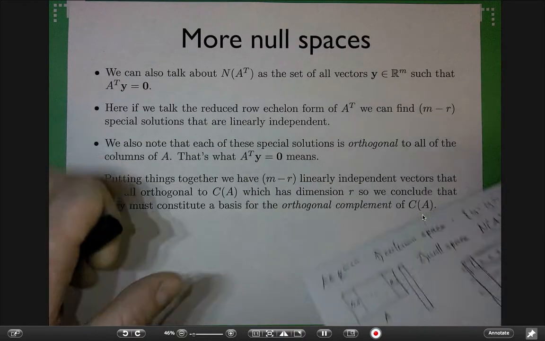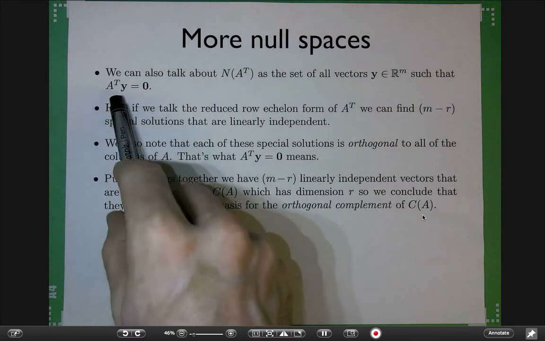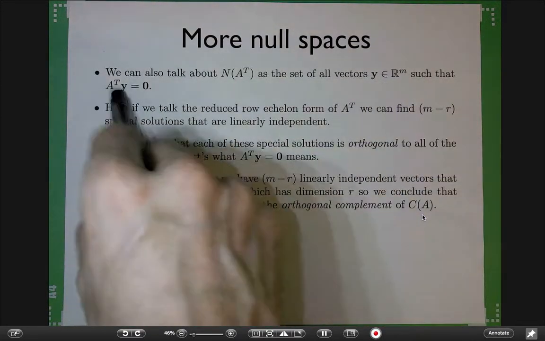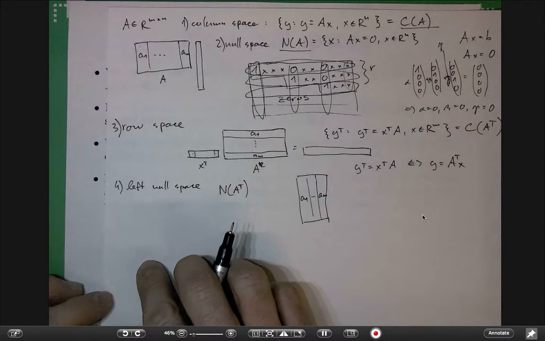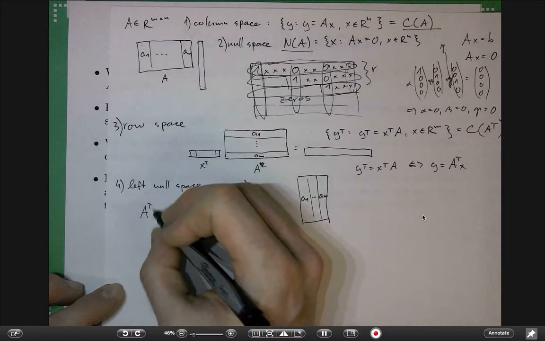And the point of the left null space is it's a set of all vectors y such that A transpose y is 0, right? So returning to my drawing here, what does it mean that A^T y is 0?